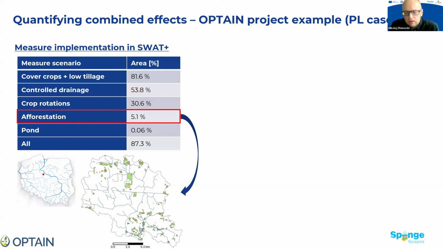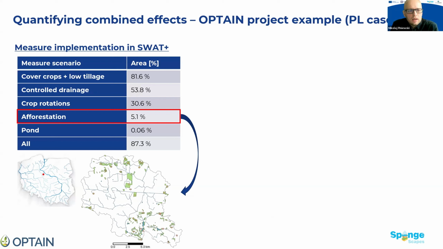In the SpongeScapes project, we have gone halfway towards quantifying the impacts of climate change on water resources and on the measure effectiveness. So I am unable to present the results yet, but another EU project has its results available, and I will use them now as a short, brief case study demonstration.